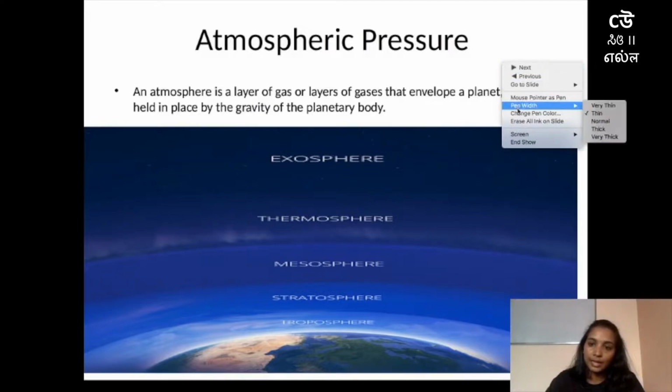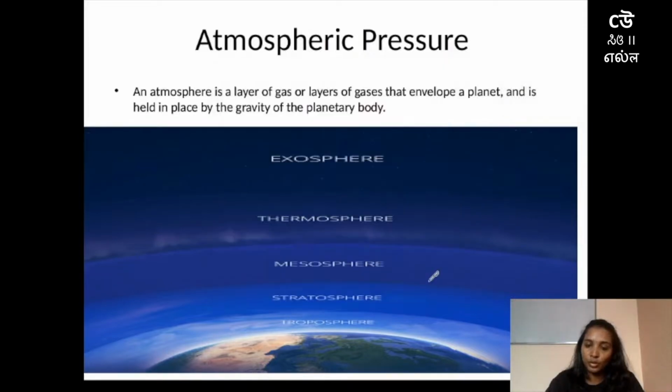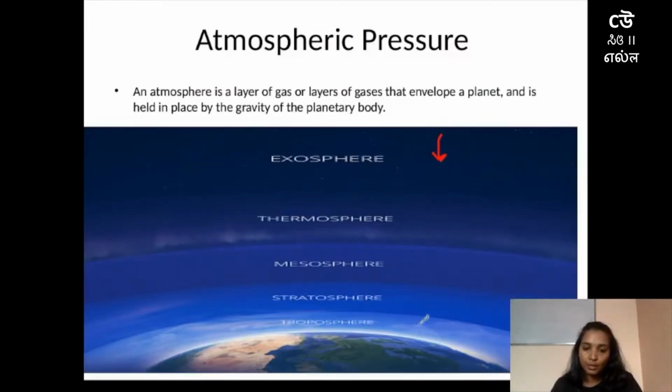In this slide, I'll explain where the density will be more in these atmospheric layers. In the topmost layer, the density will be less when compared to the bottommost layer. Why? Because the bottommost layer of the atmosphere experiences the force exerted by all the layers above it.